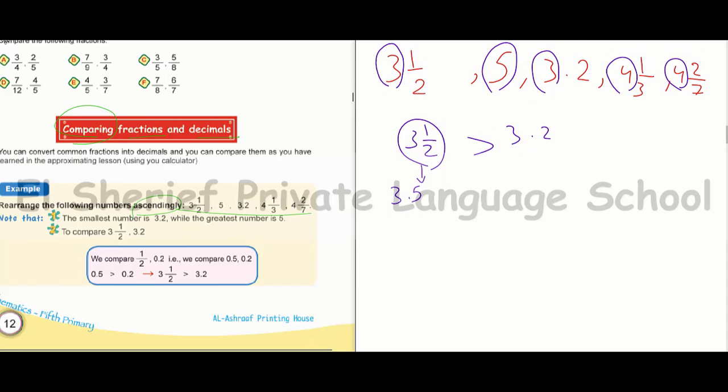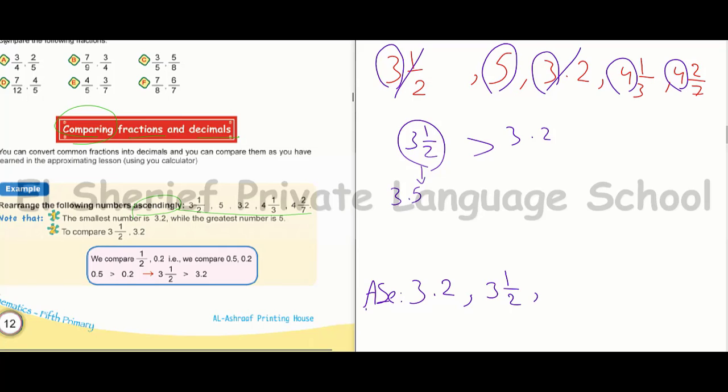So ascendingly, the smallest number is 3.2, then 3 and a half.